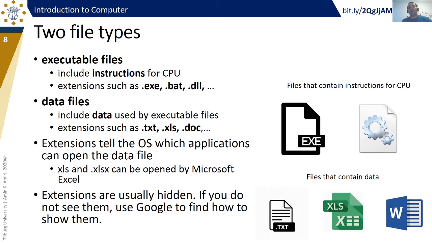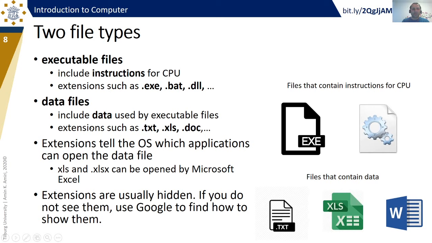So we have two types of files: executable files and data files. Executable files include instructions for the CPU. You usually see them with extensions such as .exe, .bat, or .dll, and you see icons like this, or they may have customized icons. Data files include only data that are used by those executable files.